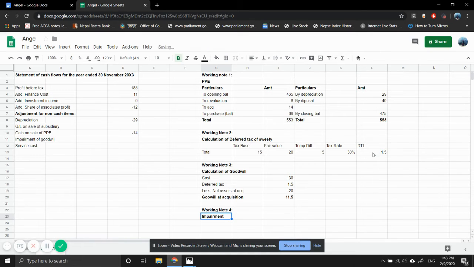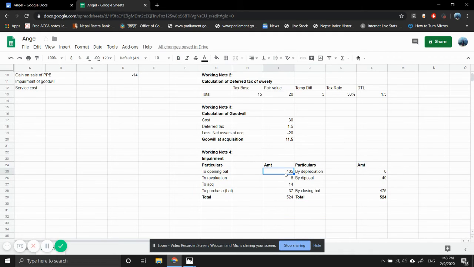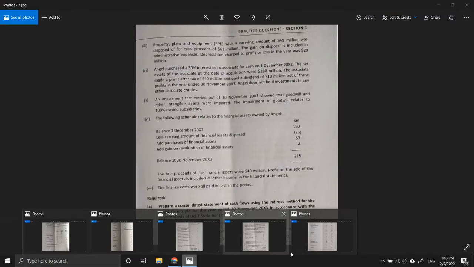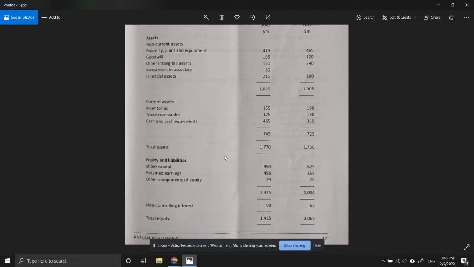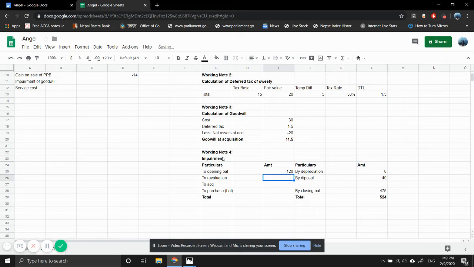Impairment, right? So in case of impairment, let's prepare our chart again. Control V, and then what's our opening balance? Opening balance is 120, 105.